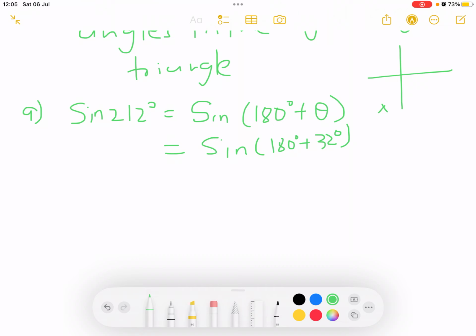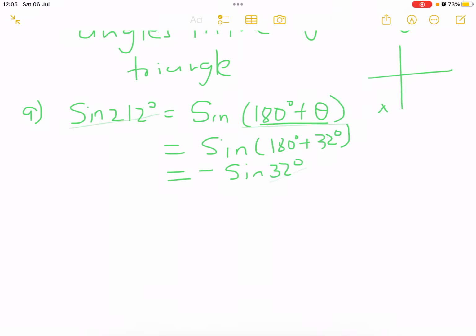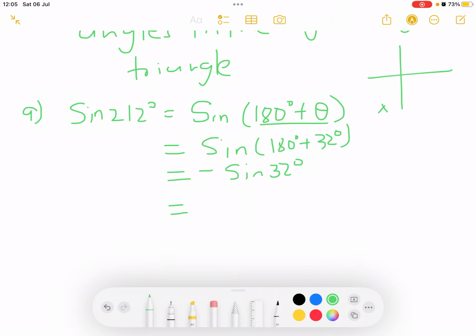And I just write this. It's not necessarily equal to, but just to remind learners that this is the reduction I'm going to use. Now, at this reduction, sine is negative in this quadrant. So it's a negative sine of 32 degrees. Now, we're given sine 32, which is equal to t. So therefore, this means that this is minus t.